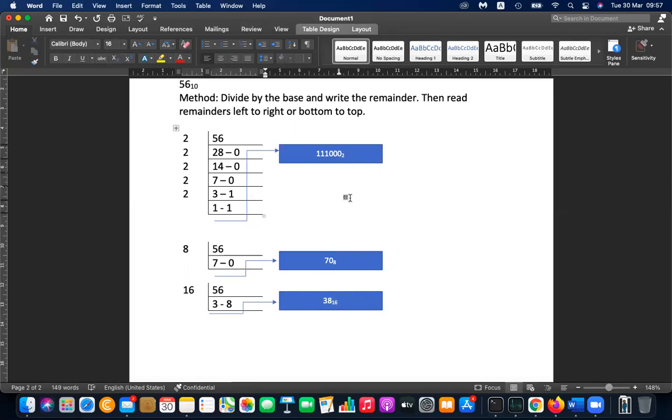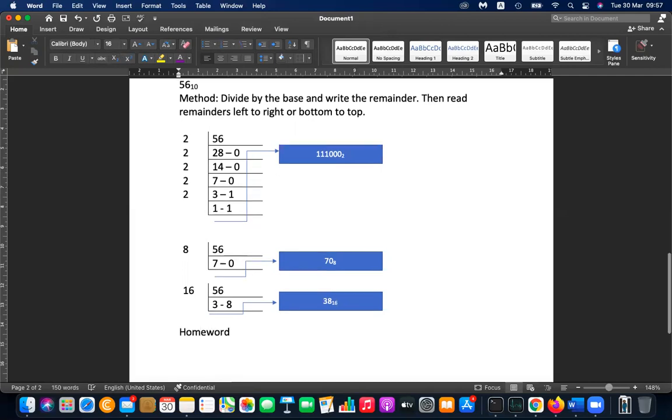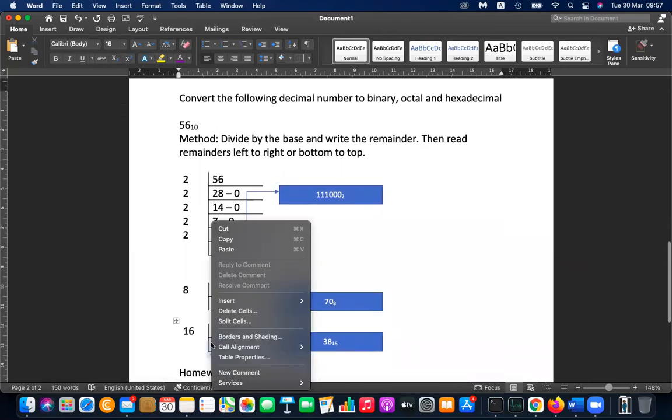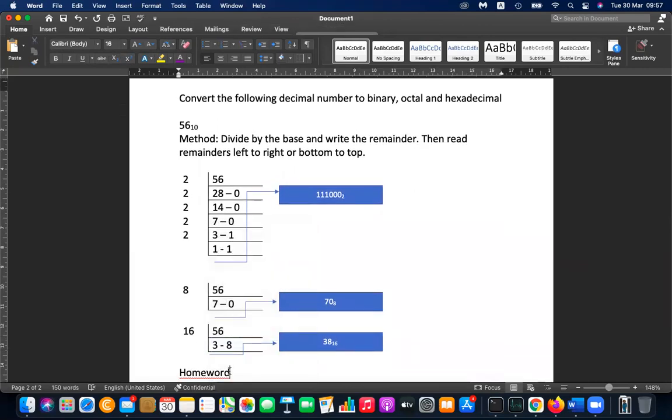Now just give a try to convert these numbers as homework. I'll take a screenshot of this. Let's plan to finish this number system lesson at least by next week.